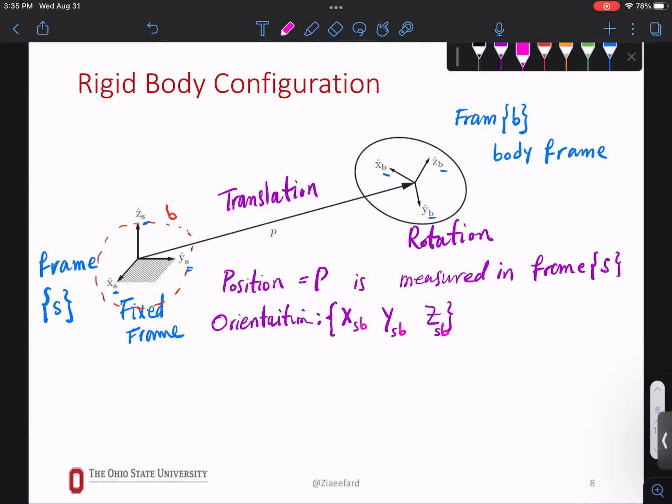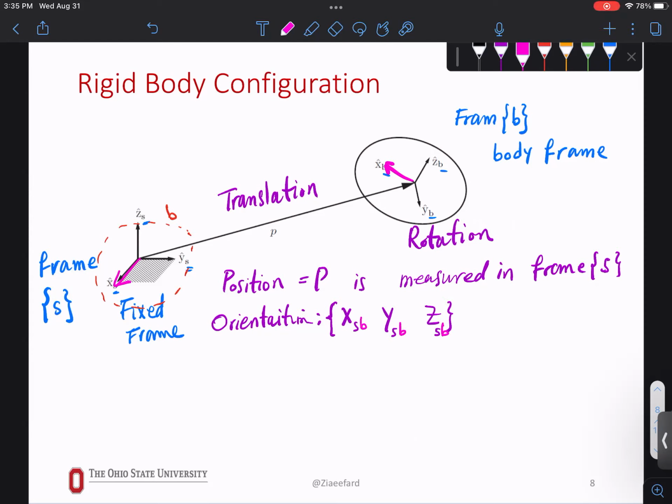So this is our new frame B, and this is our original frame. We find the rotation of X, Y, and Z. Basically, we're trying to understand how much, the degree, the angle, this X-axis rotated about this X-axis. What is the angle? Once we find that, we do the same thing for Y and Z, then we know how much each of those rotated. That becomes the rotation part of it.